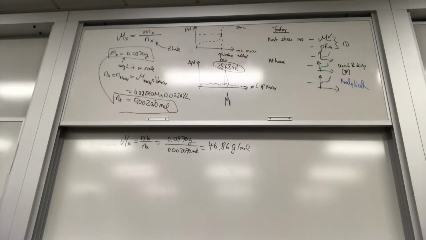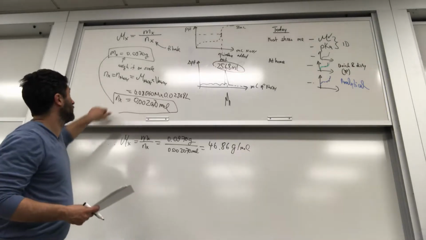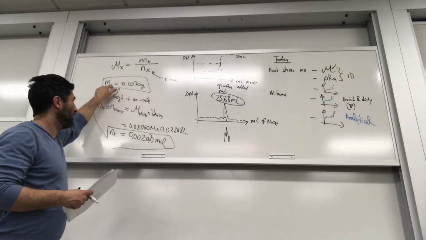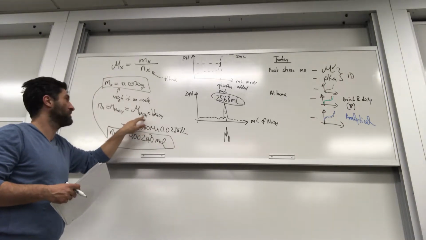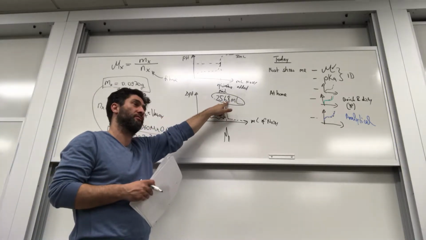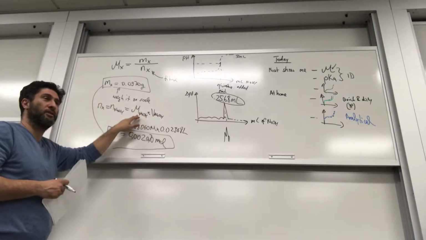Any questions about this? Luis, any questions? Jonathan, makes sense? Sort of. You're clear that the mass of the acid is what you weighed out. You understand that the molarity of the base times the volume of the base titrated to get to the equivalence point, this you determine yourself.